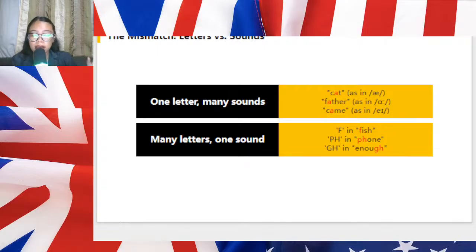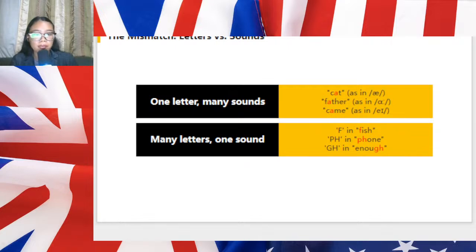So these are the exact complexities that English spelling presents. It's a reminder that relying on the alphabet alone to guide pronunciation is like trying to navigate a maze without a map. Of course, it does not really help you at all. So this slide perfectly brings us to our solution for today.